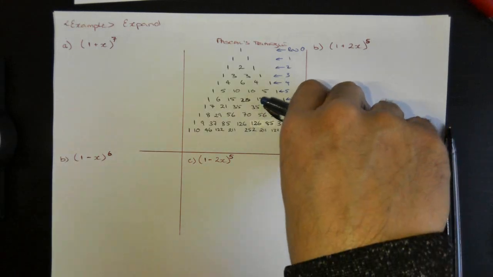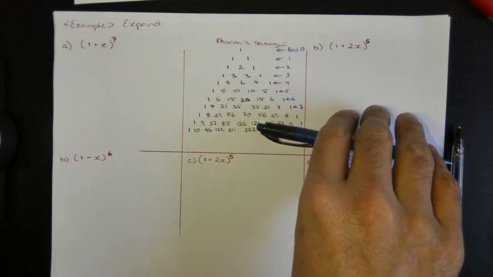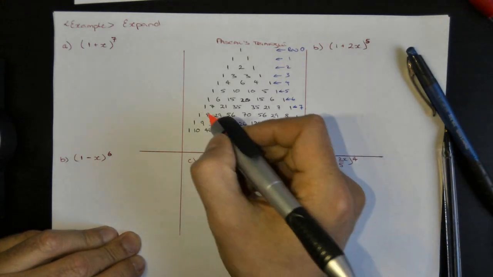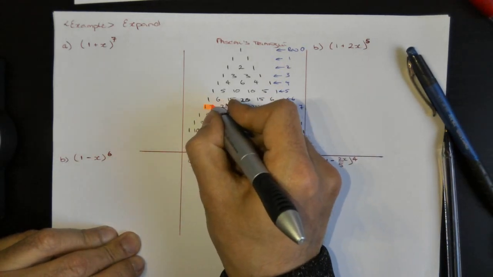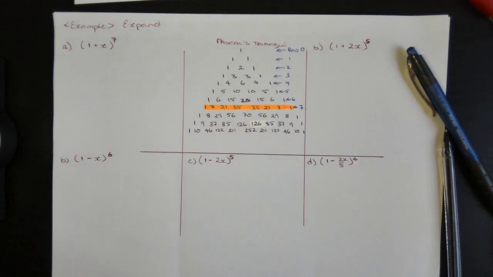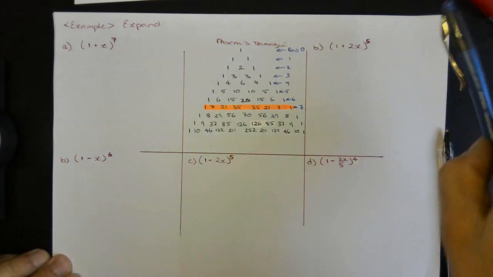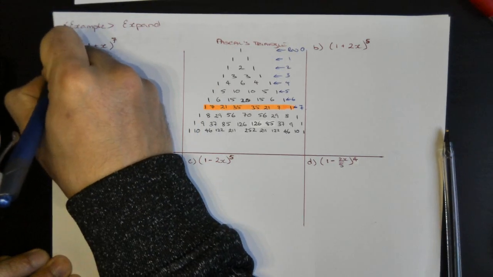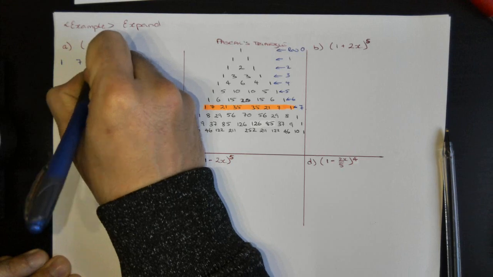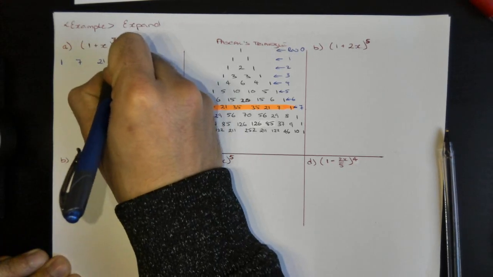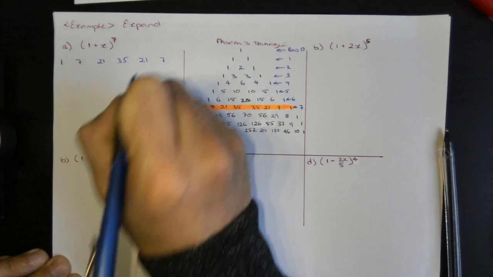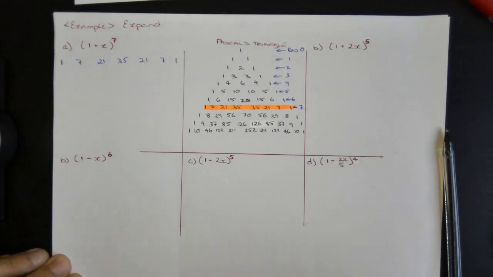Okay, so what I do first is I look at this row. I might highlight it for this example. I'm going to write down the coefficients: 1, 7, 21, 35, 21, 7, and 1.